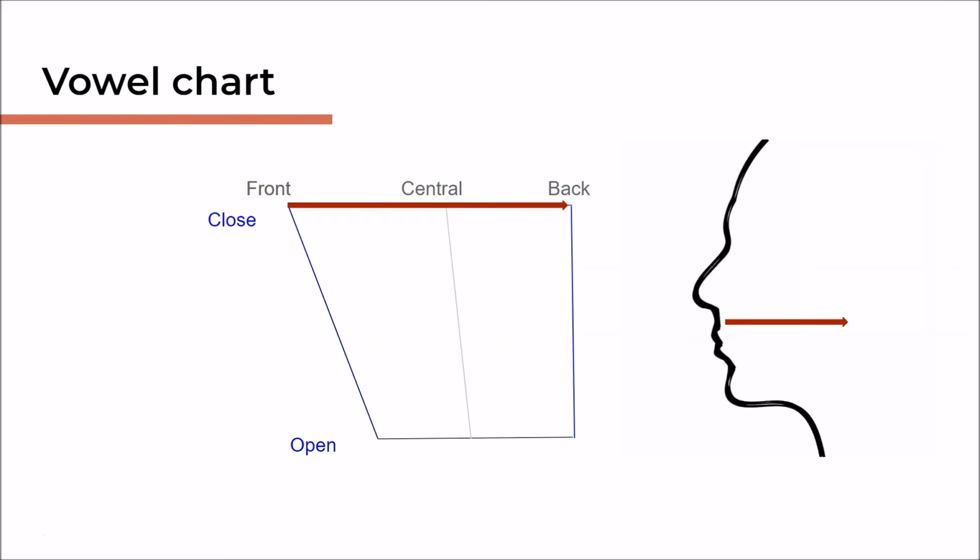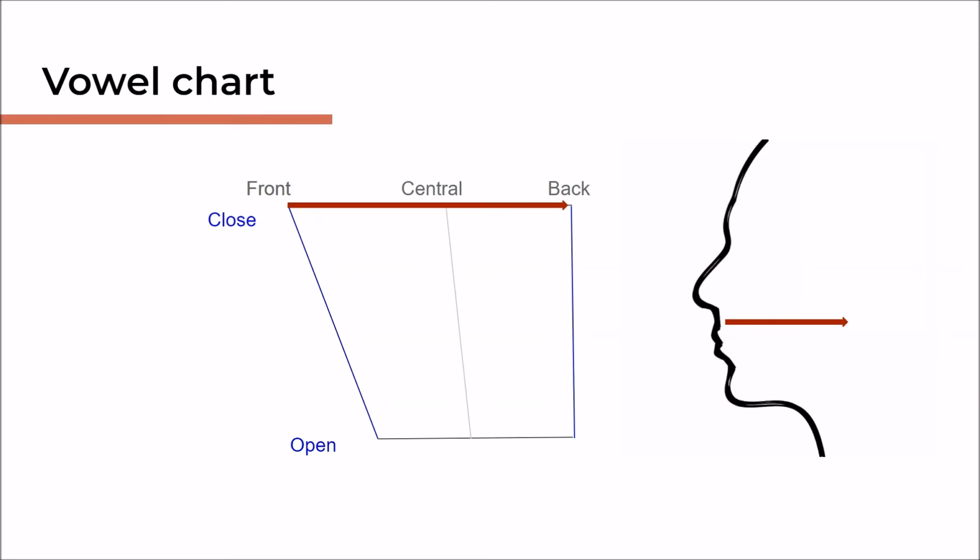Let's have a look at the other axis, and that is the vertical axis. And you can see already two words here, close and open. Now that is the position of our mouth, but also of the tongue within our mouth. So this axis tells us how wide open our lips are, but especially also if the tongue inside our mouth is more elevated towards the top, the palate, or if it is lowered.